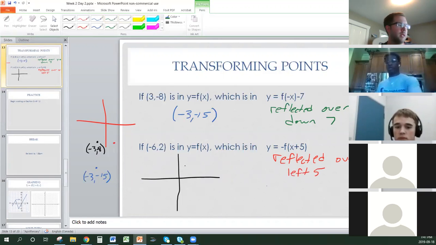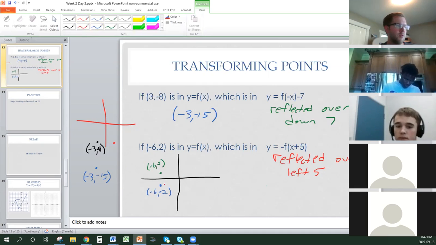So if we look at our coordinate -6, 2, we are first going to be reflecting it over the x-axis, which makes it -6, -2.